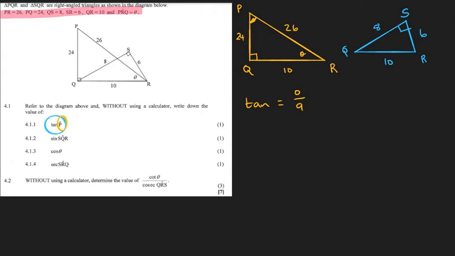What is opposite it? There's opposite. What is adjacent, next to it? And what is my hypotenuse? There we go. So it's going to be opposite, which is 10, over adjacent, which is 24, and simplified that will be 5 over 12. That is quite easy. Now let's look at sine SQR.